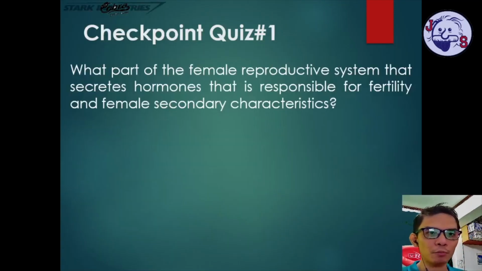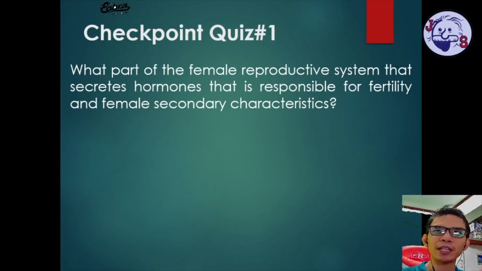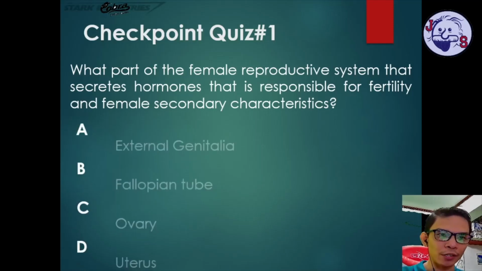Before we move on to the next part of our lesson, let's have a short checkpoint. The first one: what part of the female reproductive system secretes hormones responsible for fertility and female secondary characteristics? You can pause the video to answer. These are the choices.